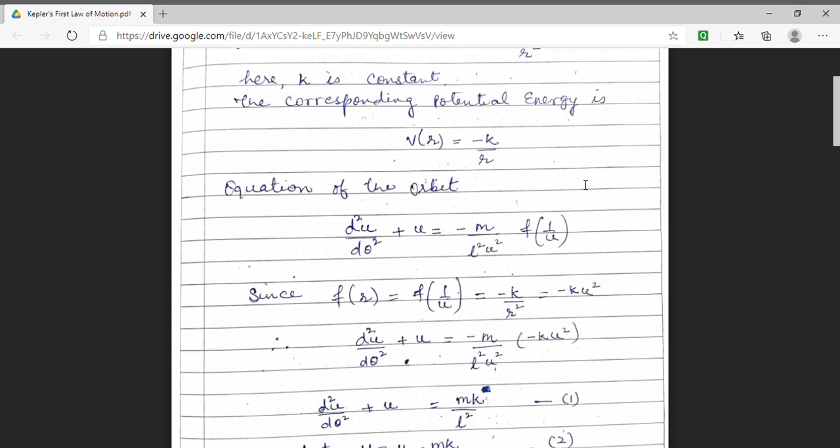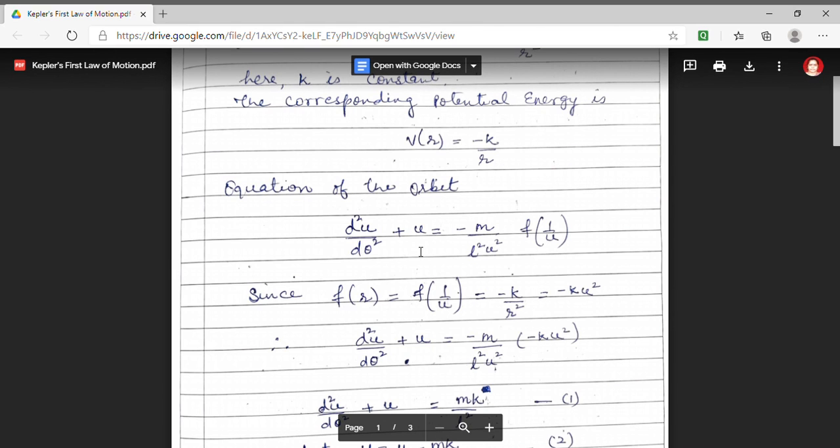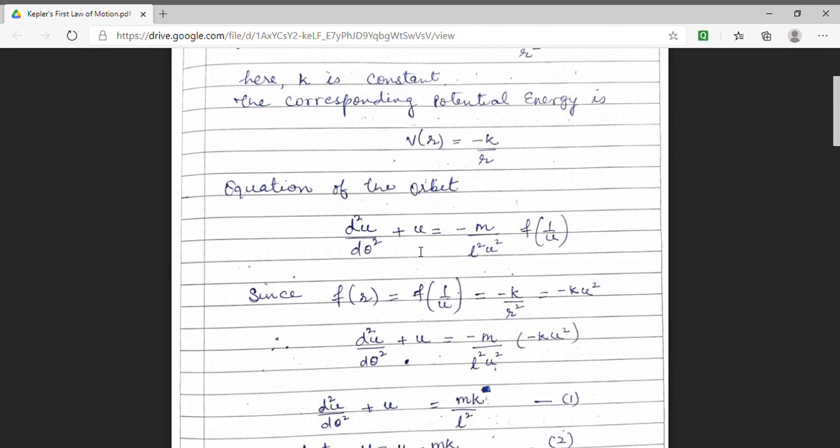Here u is 1 by r. Hence our force, which is a function of r, will be in terms of u. Force as a function of 1 by u is equal to minus k upon r square, that means minus k u square.